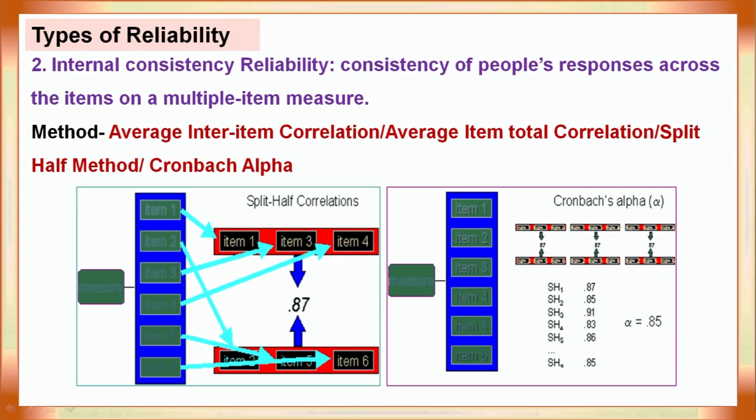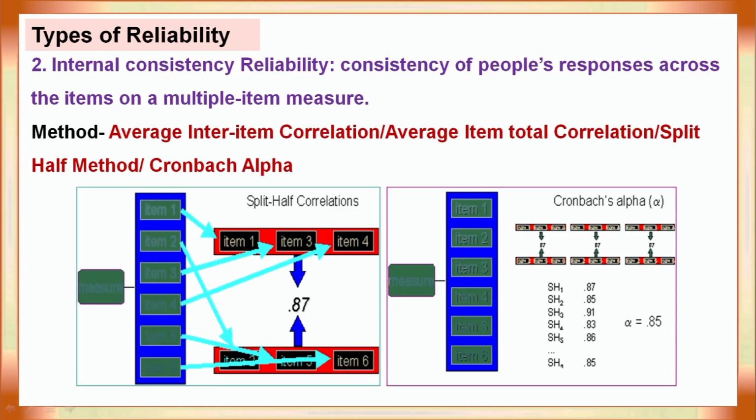Now in Cronbach's alpha, for simple understanding, it is like this: in the split half method, you take a combination of the items. Just think, you calculate one split half, then again you start with all of the items and randomly select another half. The second time you do the split half, the two halves may be different.